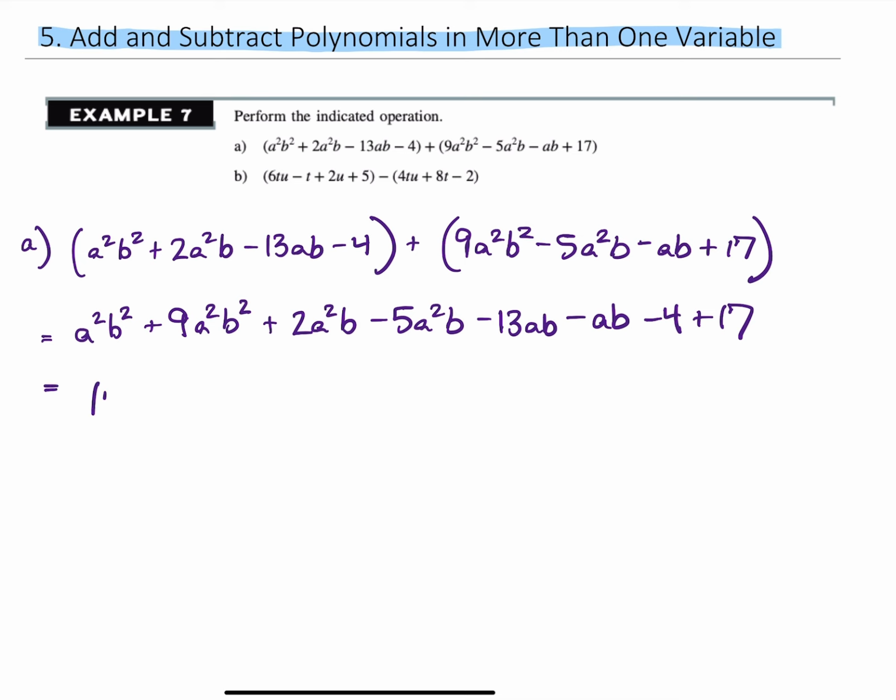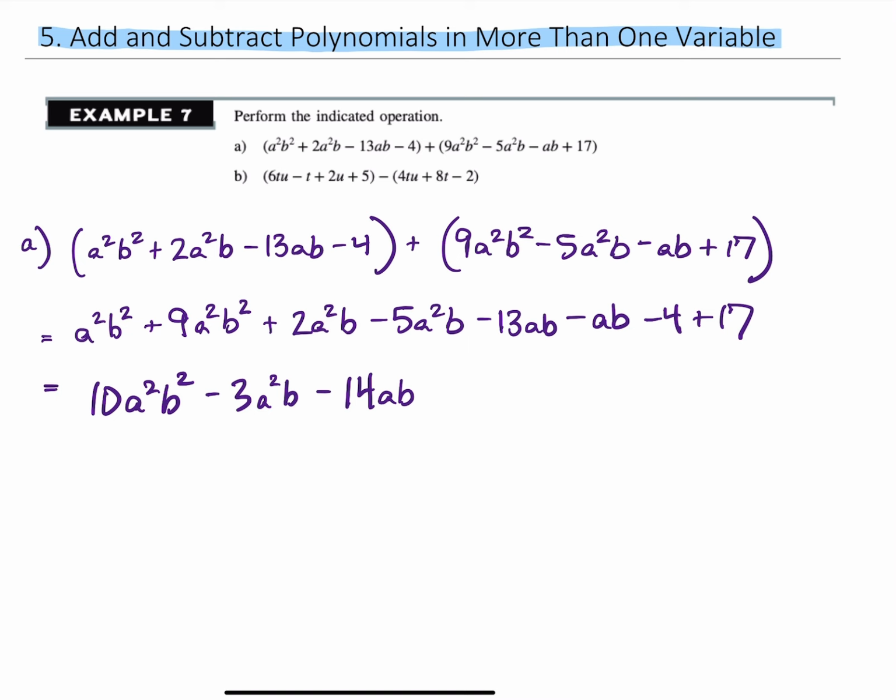So this should give us 10a squared b squared, because we had 1 and then we added 9 more. Then we have plus 2a squared b minus 5a squared b. So 2 minus 5 will give us negative 3a squared b. Then minus 13ab minus another ab, so minus 14ab.